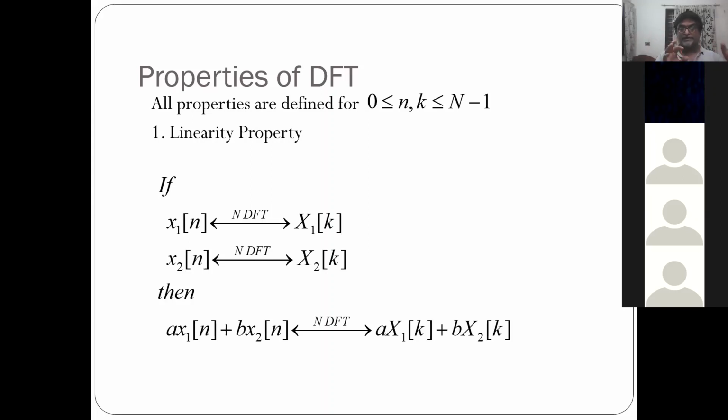If x1(n) is an 8-point sequence, definitely x2(n) also has to be an 8-point sequence for them to be linearly combined. For the linearity property of the DFT, it is essential that both the sequences are of the same length. Is it understood? Or do I need to graphically illustrate this again? Anyone?